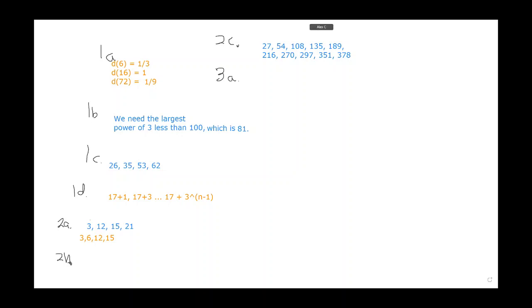I'll write it. For reference, d of 7 equals d of 10 equals 1, but the distance between them is 1/3.